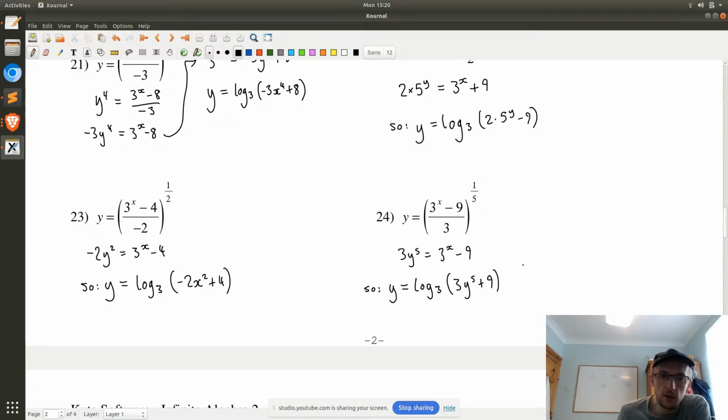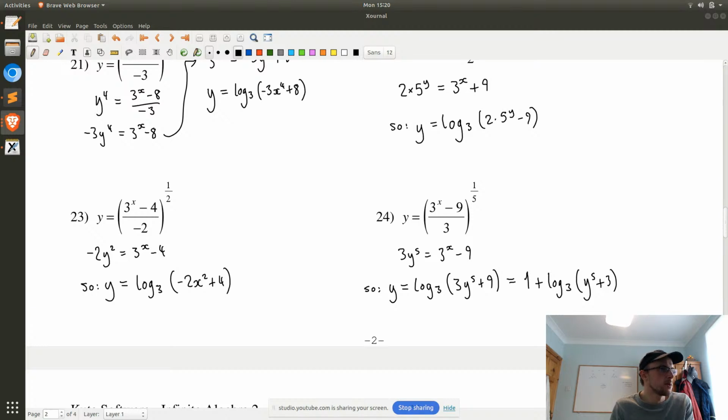So, I mean, this feels a little bit too simple there. Here you can factor out 3. And so it would be 1 plus log base 3 of y to the 5 add 3, I guess. Right, but let's sort of come to a close here, and let's check.